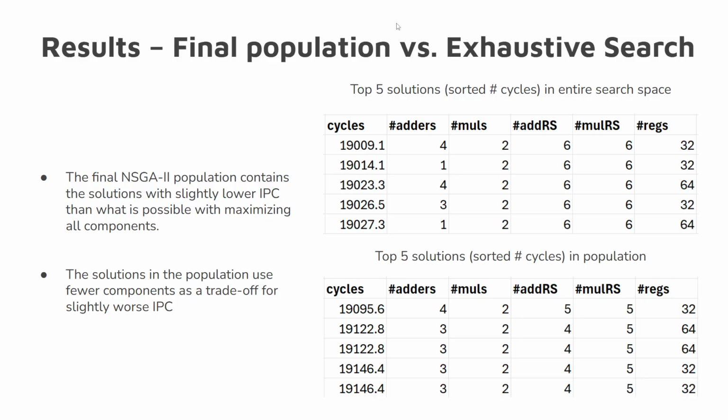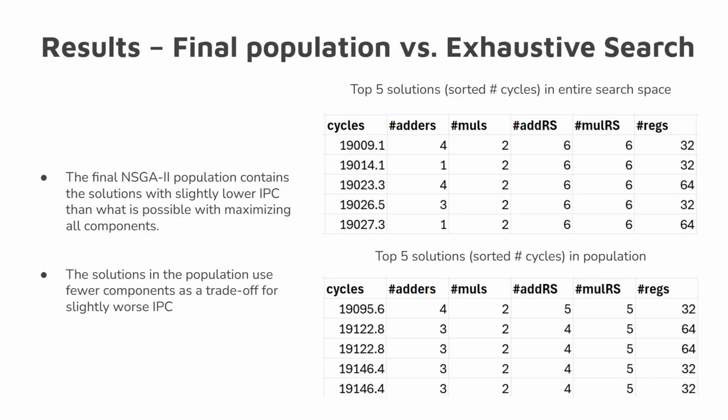So this is a comparison of the final population, which is 50 solutions or configurations for the NSGA2, comparing that to the entire search space.